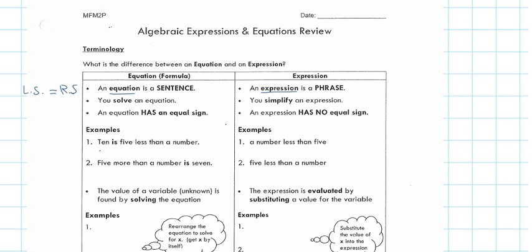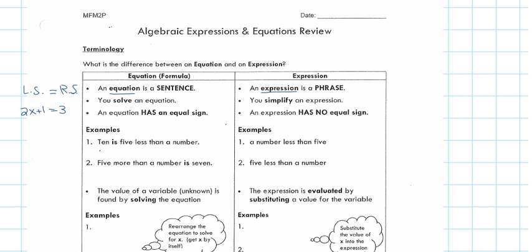So you always have that equal sign somewhere in the middle. It doesn't have to be exactly in the middle. That's where the word equation comes from, the equal sign. For example, 2x plus 1 equals 3 is an equation because you have that equal sign.